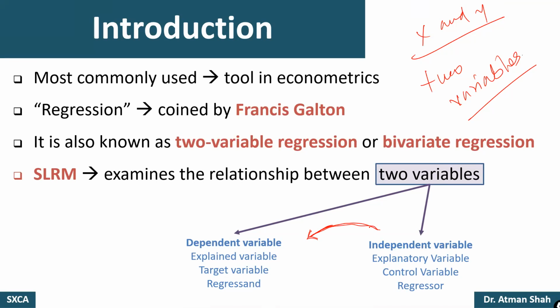For example, in economics, I know that quantity demanded depends on price. So quantity demanded is my dependent variable and price will become my independent variable. Consumption expenditure depends on income. So consumption expenditure will become my dependent variable and income will become my independent variable.